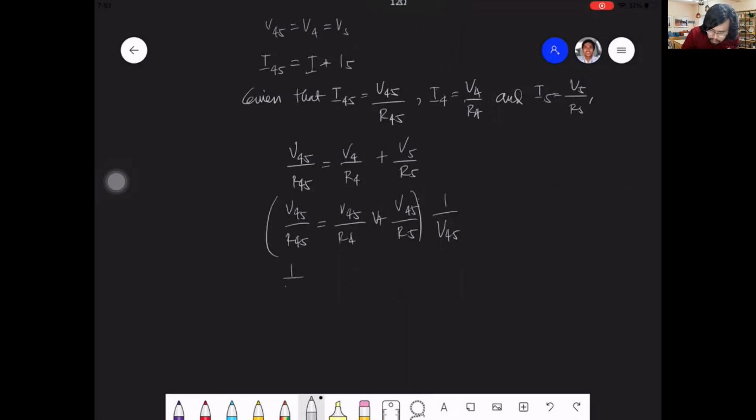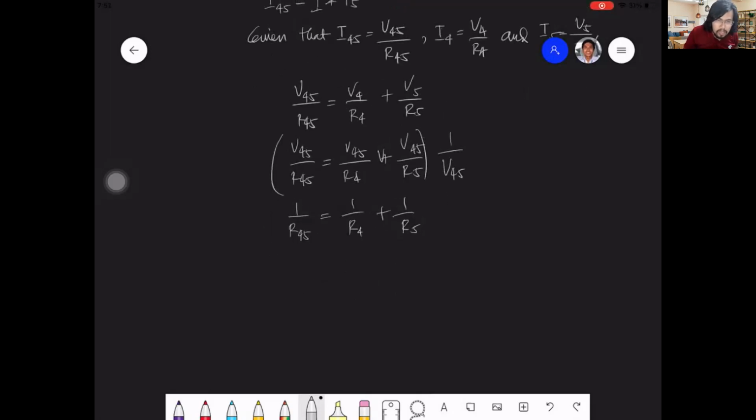So we get 1 over R45 equals 1 over R4 plus 1 over R5. To solve for R45, we get R45 equals R4 R5 over R4 plus R5. Numerically, they're the same.